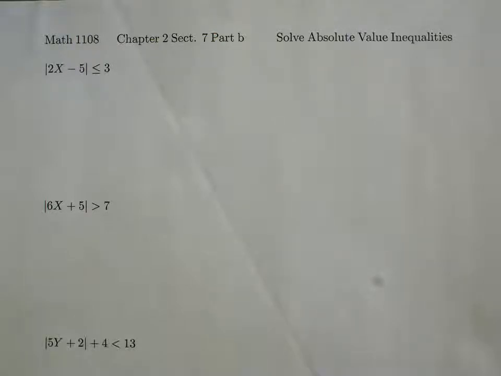Absolute value inequalities seem to be something of a challenge. This first one: the absolute value of 2x minus 5 is less than or equal to 3.